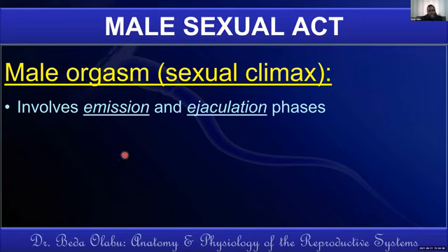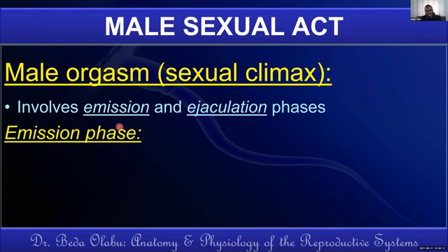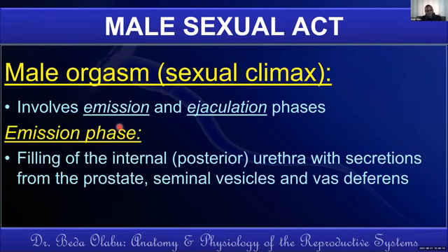One is what we call the emission phase of male orgasm. The emission phase involves the filling of the internal urethra. The internal urethra is the posterior urethra, or what we called a few minutes ago, the prostatic urethra. The prostatic urethra fills with secretions which come from the prostate itself, seminal vesicles, and the vas deferens.